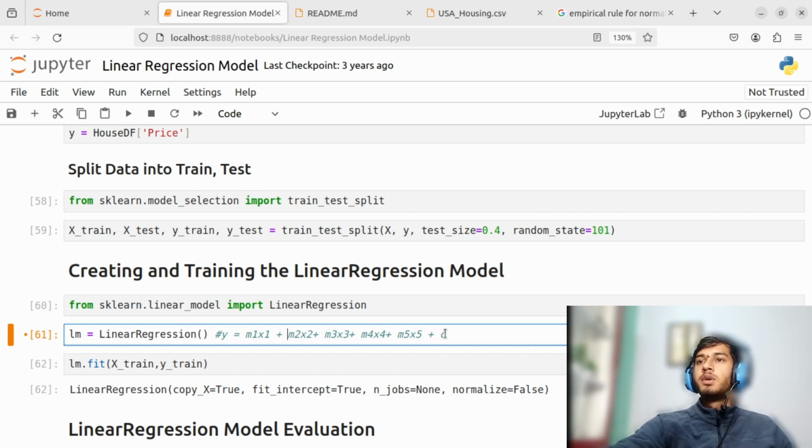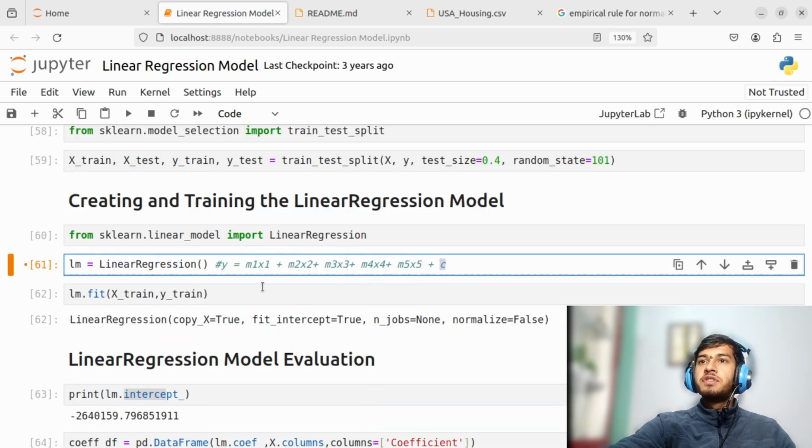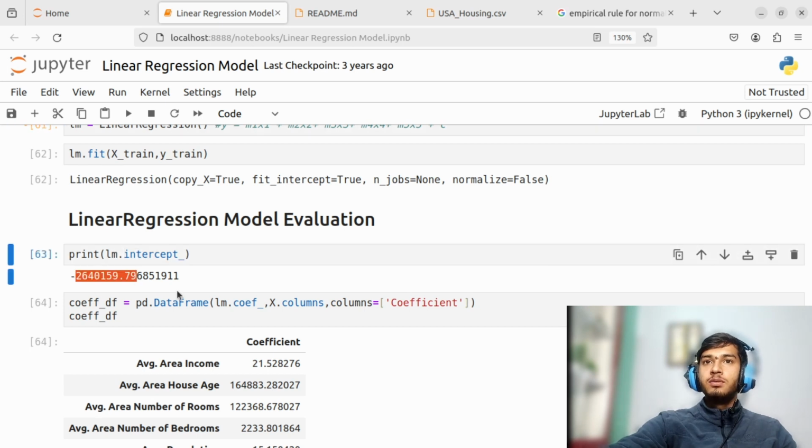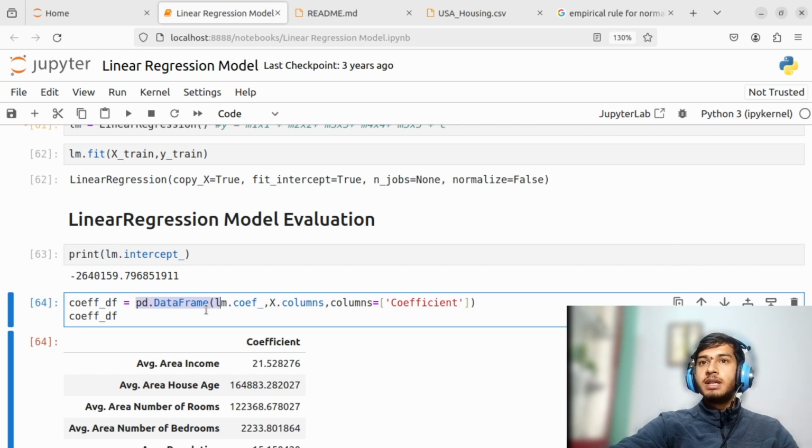So this will be your equation. C will be your intercept, M will be your coefficient: coefficient 1, coefficient 2, coefficient 3, coefficient 4, coefficient 5. C is your intercept. You can see the intercept is this value, and if you want to see the coefficients, here we are converting that array of coefficients into a pandas data frame so that we can display it.